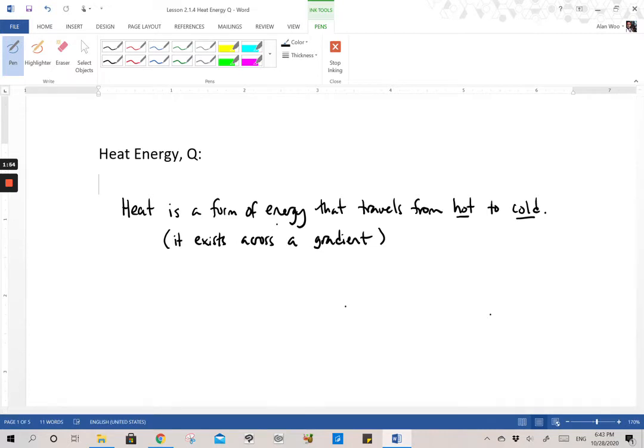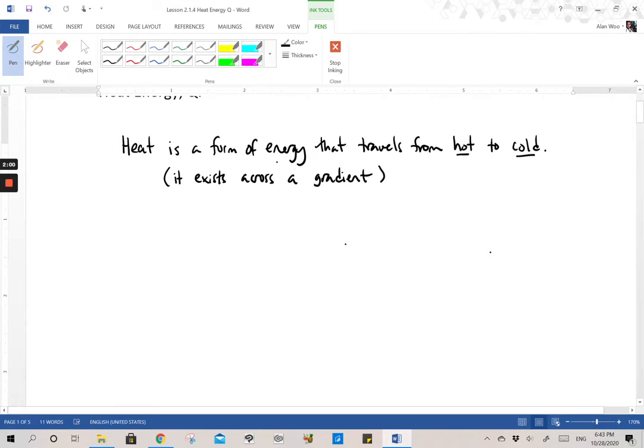So if we look at examples of how heat travels, okay, let's start by drawing a fire. So let's say this is a campfire.